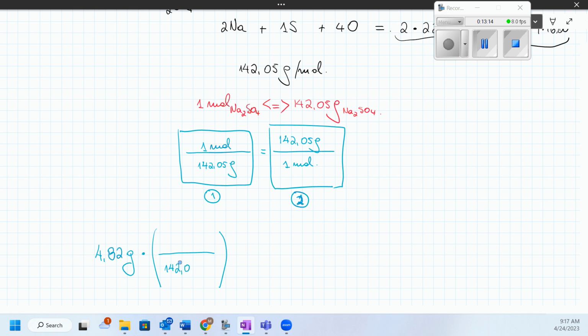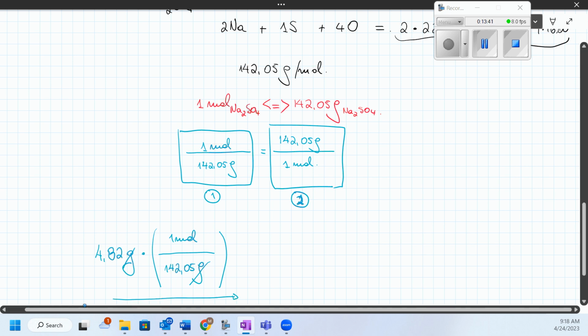So 142.05 grams, it's 1 mole. So grams and grams are cancelled out. Even when you are working, especially if you are not used to this way of working with stoichiometry, cancel this out, because you will be able to see, even if you make a mistake, whether the units are cancelled or not.